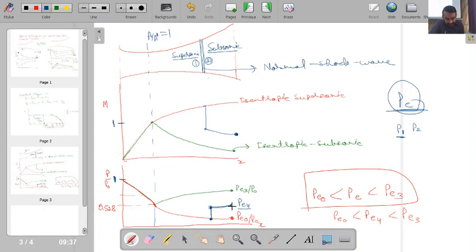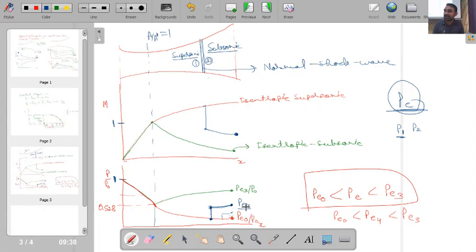And if I keep on decreasing this, say from this point if I come over here to P5, P6, then my shock wave will keep on shifting towards the exit side. If I go here at some point PE5, which is less than PE4, now the recovery has to be this much only, so the shock wave will occur somewhere over here. If I further keep shifting down, then the shock wave will occur somewhere over here.